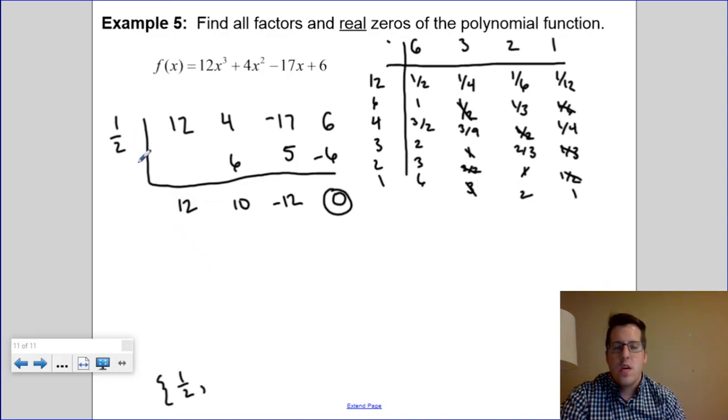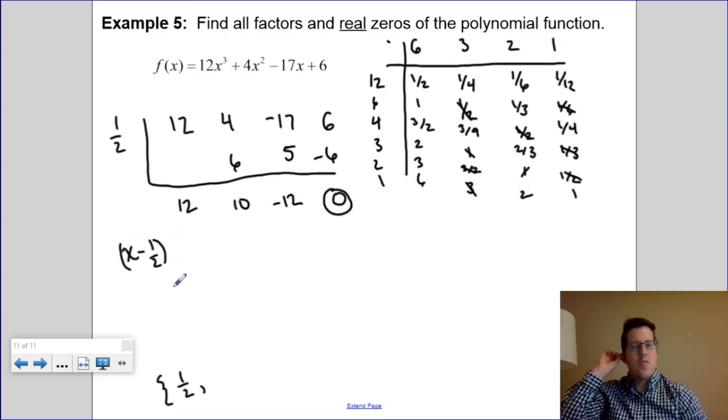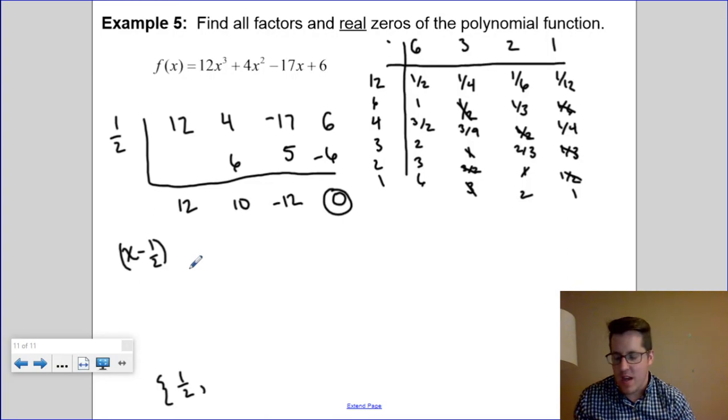But this would mean that x minus 1/2 was a factor. And we don't normally think of a factor as being x minus 1/2. Our factors always have whole numbers in them. So our factor is actually going to be 2x minus 1.